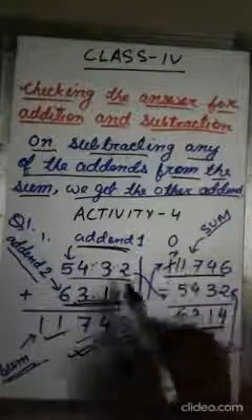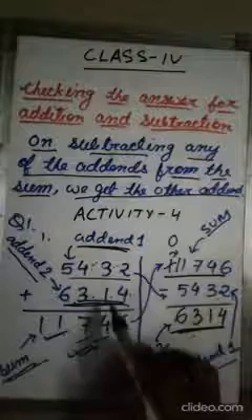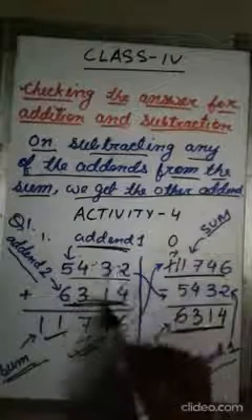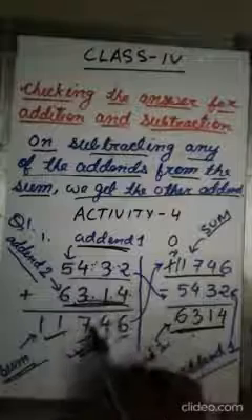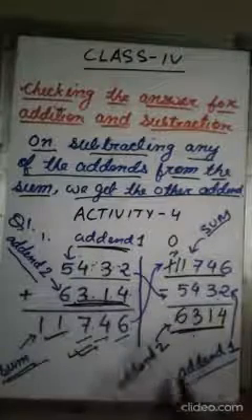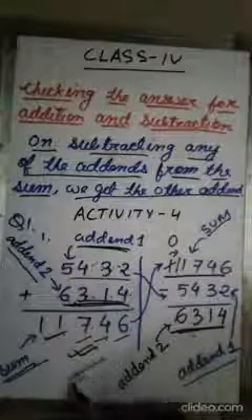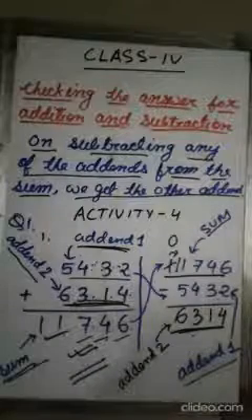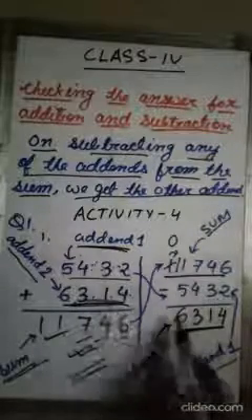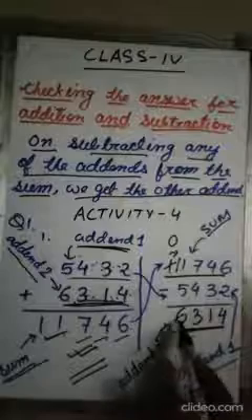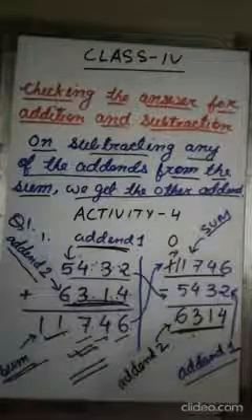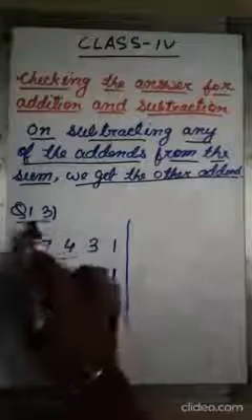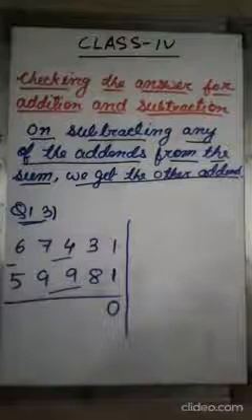If we subtract this from the sum, we get this. So as we have got the same answer, this is proof that your sum is correct.